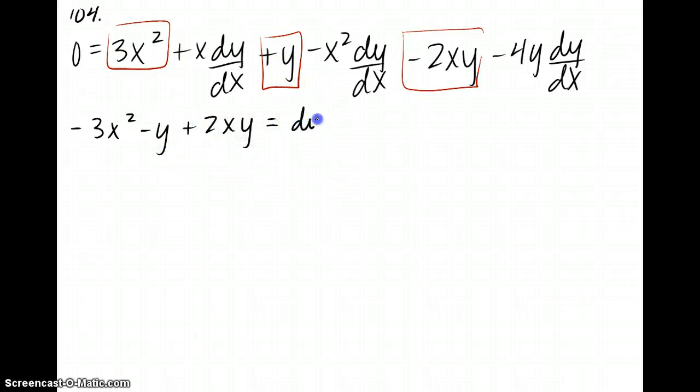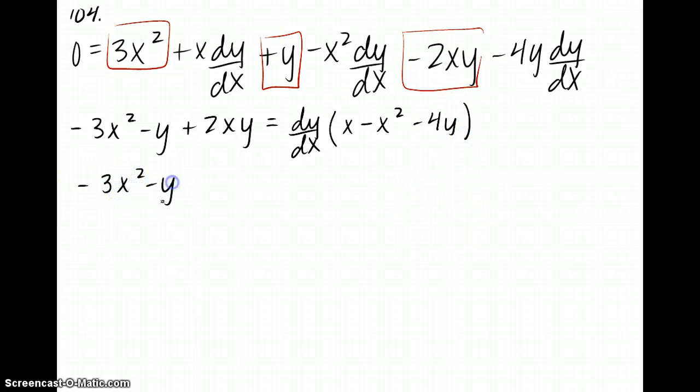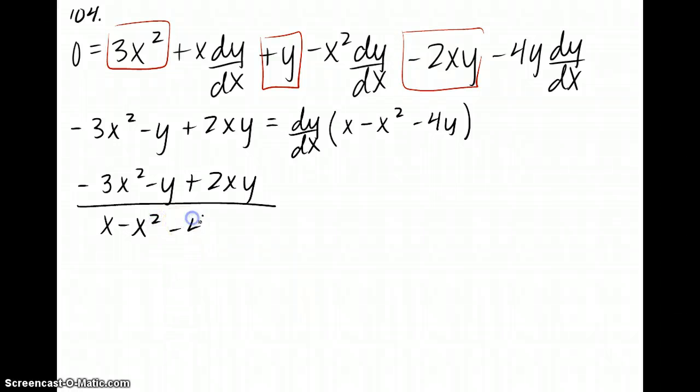Now on the right hand side, I'm going to factor out the dy/dx: x minus x squared minus 4y. Then to solve for dy/dx, divide both sides by that entire factor, x minus x squared minus 4y. That's my derivative.